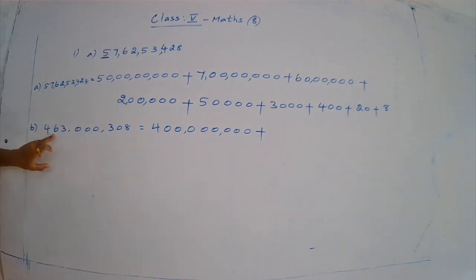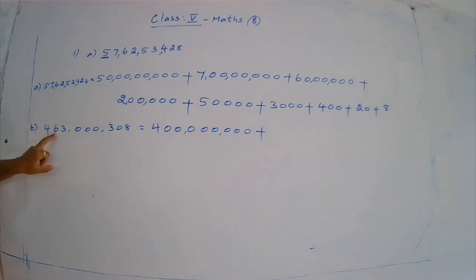What is the place value of the 6? Ones, tens, hundreds, thousands, ten thousands, lakh, ten lakh. Sorry, this is the international place value system. So ones, tens, hundreds, thousands, ten thousands, hundred thousands, million, ten million.